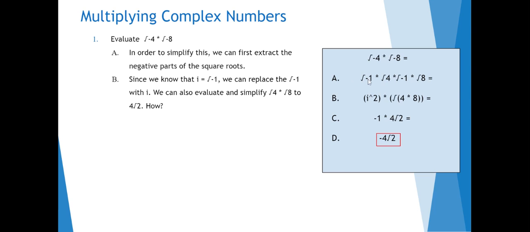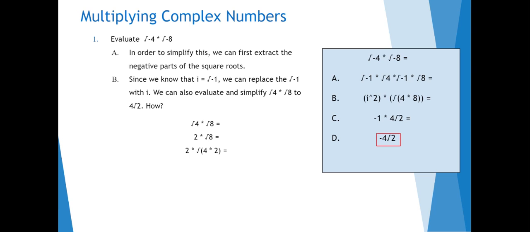So i times i is just i squared, and root 4 times root 8, we could just do root 4 times 8. And root 4 times root 8 is basically just 2 times root 8, because root 4 is just 2.